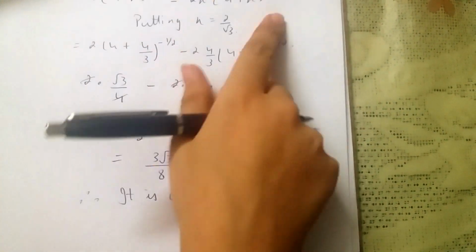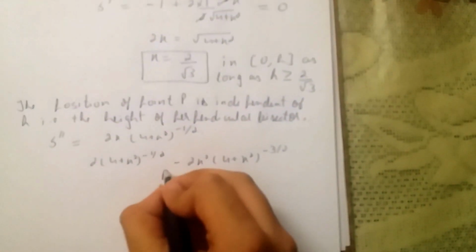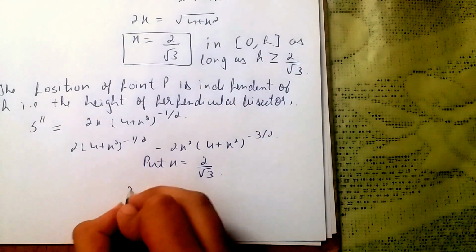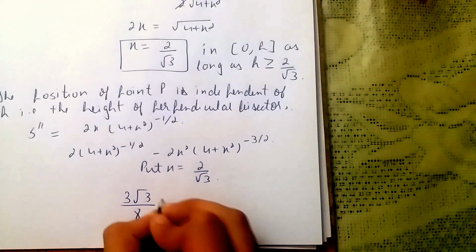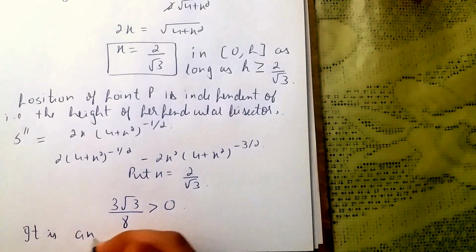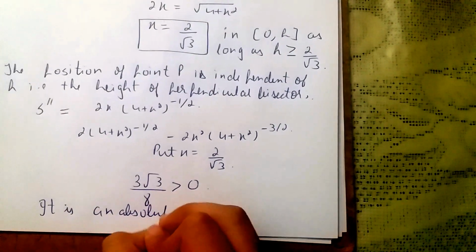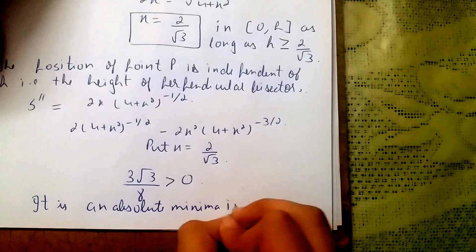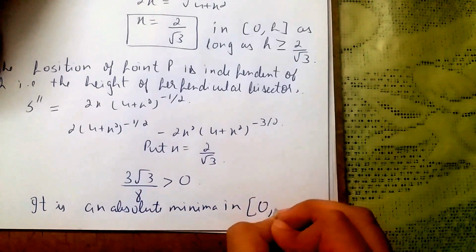Are we right? Yes. Now we just need to put x equal to 2 by root 3 and we'll get 3 root 3 by 8, which is greater than 0. It is an absolute minima in the interval 0, h.